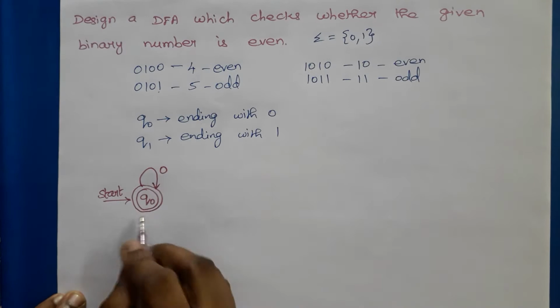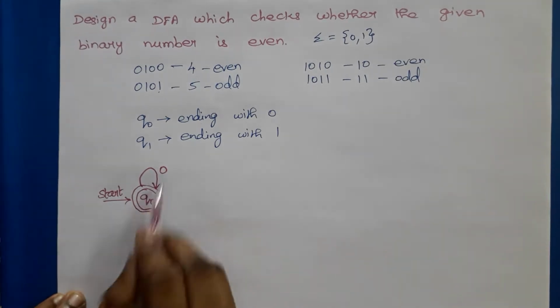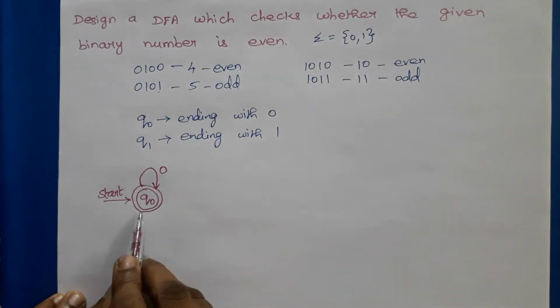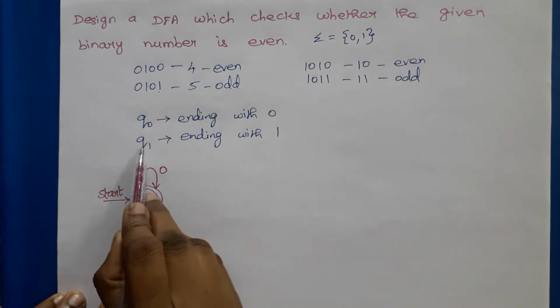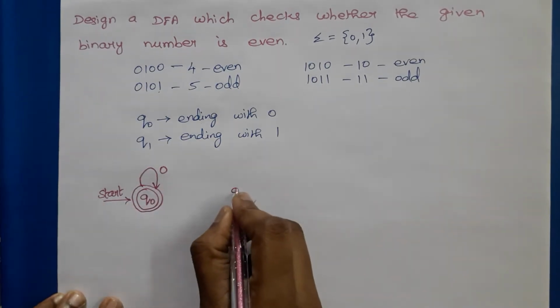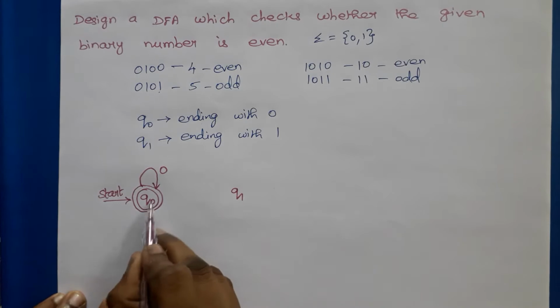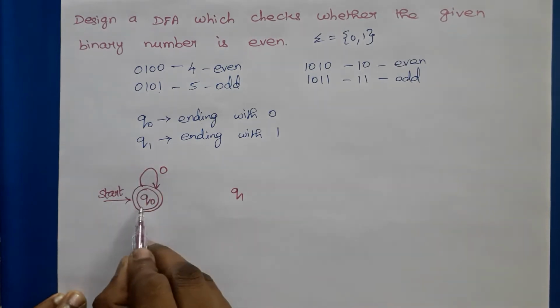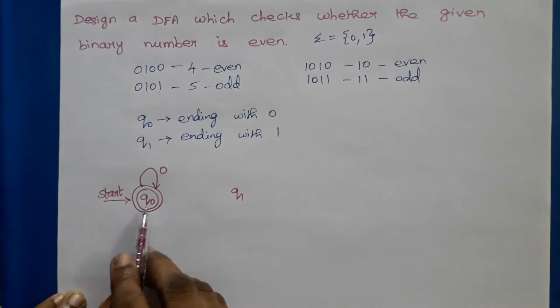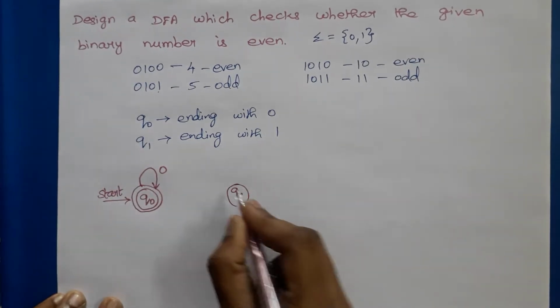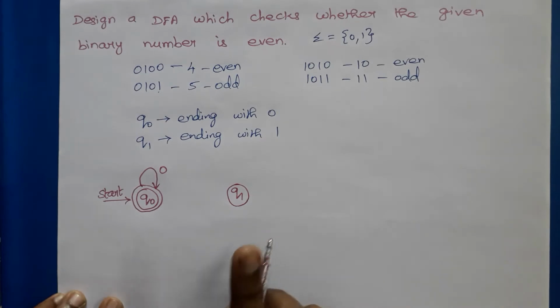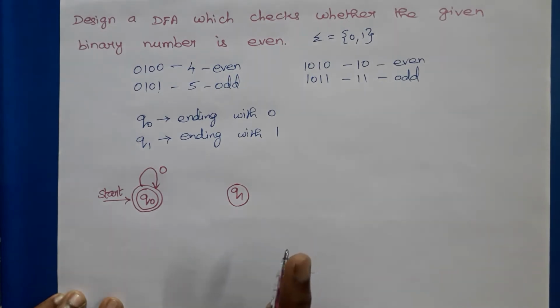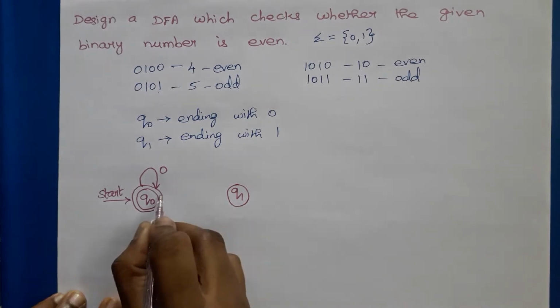Then from Q naught, 1 goes to Q1 because the string ends with 1. In Q naught, if 0 is the input, 0 is an even number, so it should go to the final state Q naught. And from Q naught, if the next input is 1, the decimal equivalent is also 1. It is an odd number, so it should go to Q1.